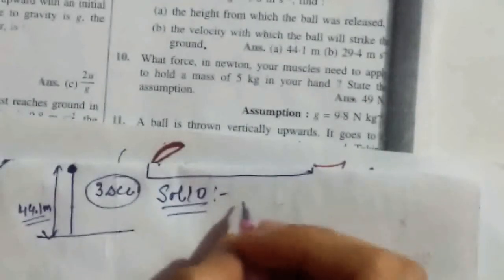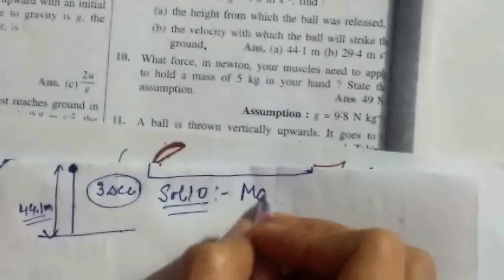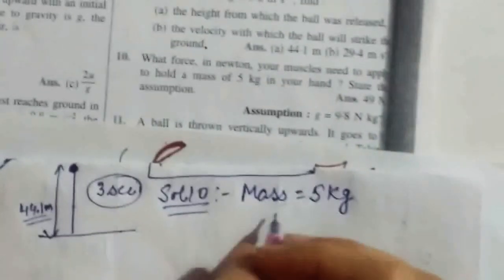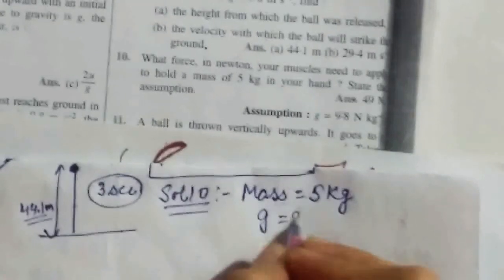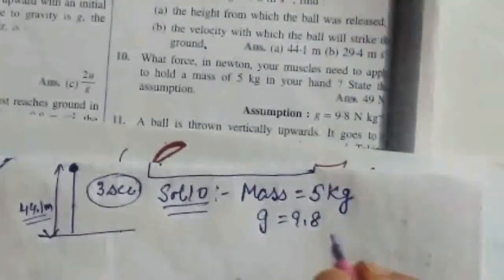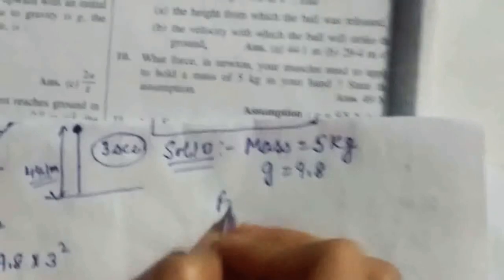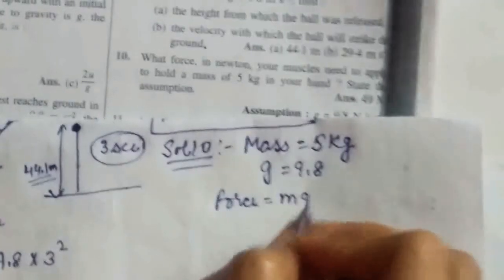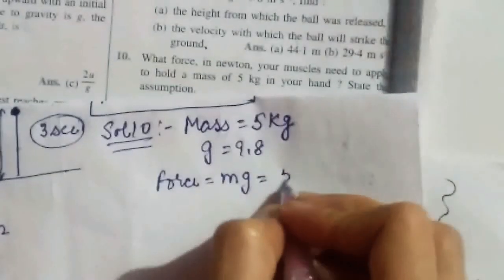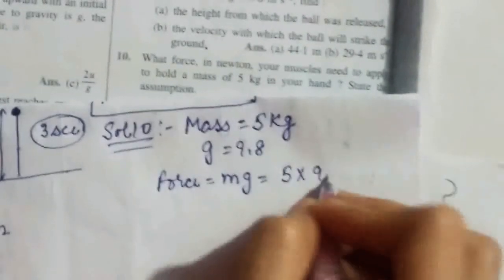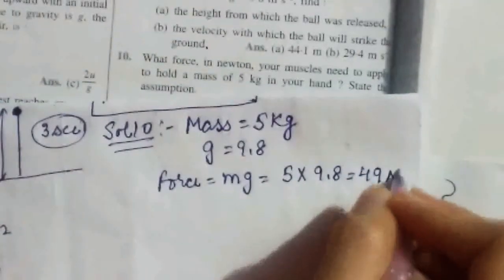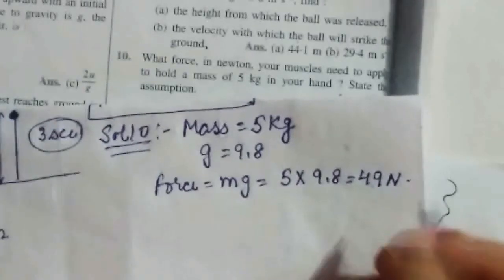So first of all, we are given with mass 5 kg and g is equal to 9.8, that is assumed value, and force we have to calculate. Apply the formula M into G. Mass is 5, g is 9.8, it becomes 49 Newton. So this is your answer.